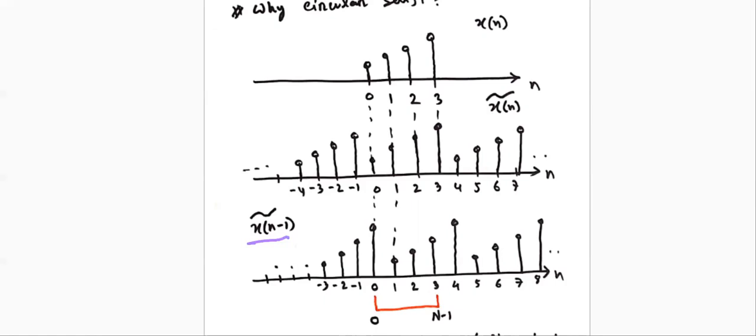Try to understand here. We are shifting all the samples to the right. And of course, this 0th sample came here, the first sample, second sample, this third sample. And unfortunately, this sample goes out of the range because our range of view is from 0 to the third sample. So this sample is out of the range.